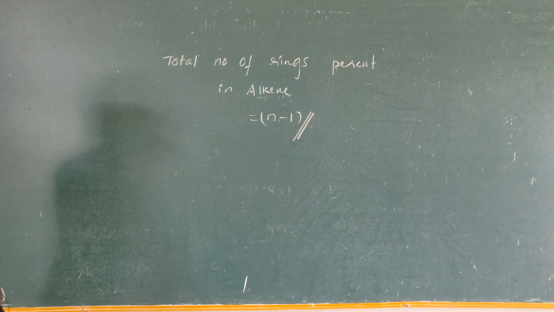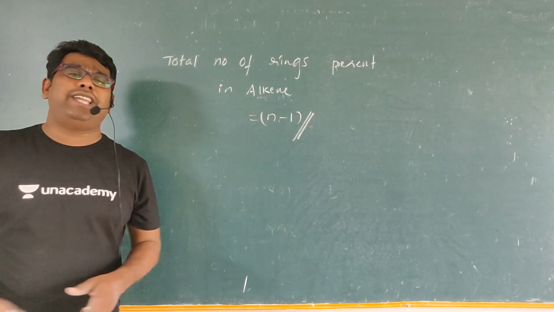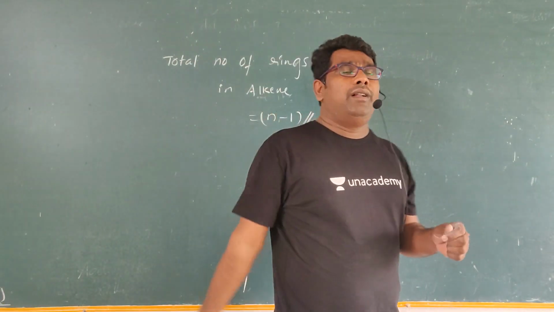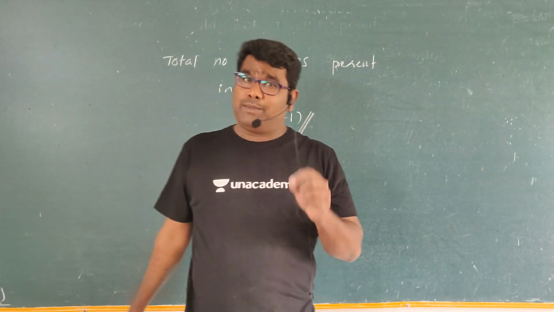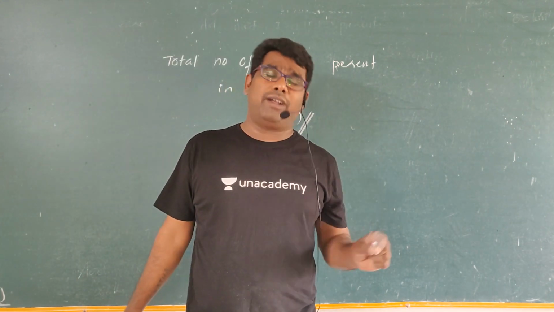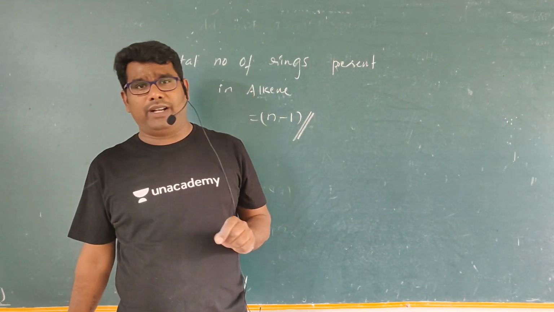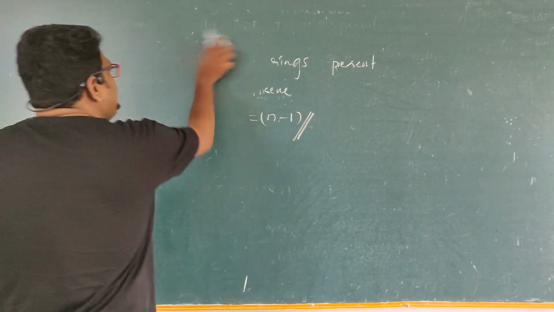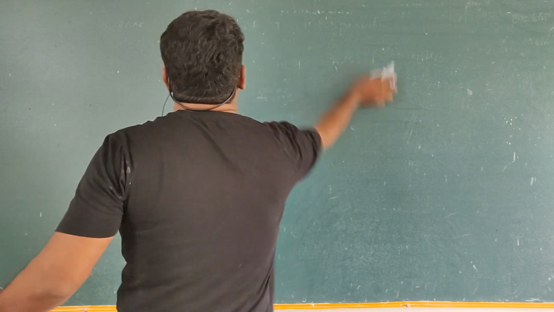How many rings in total? N minus 1. This is the calculation of the total number of isomers present in alkene, if the alkene has an odd number of carbon atoms or an even number of carbon atoms. And next I am going to discuss how to calculate the number of isomers present in alkyne.